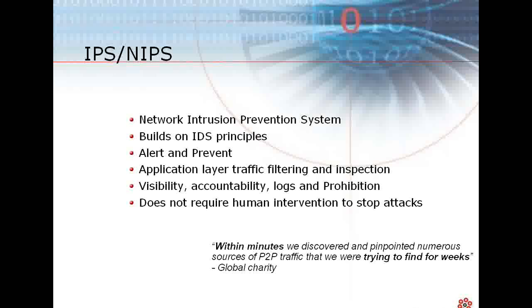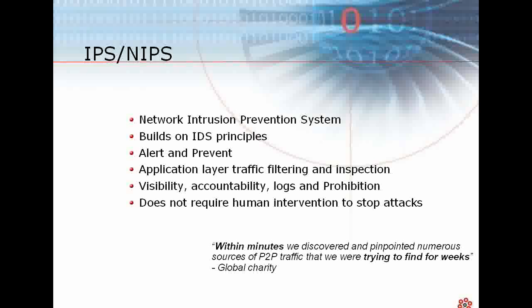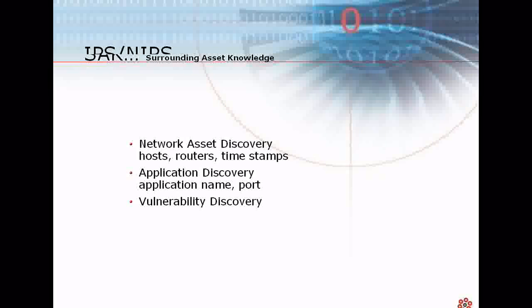Then you have the network intrusion prevention system, which does exactly what network IDS does, plus it also has the ability to block. As a consequence, it prevents malicious traffic entering your network. It blocks because it sits in line with the traffic, so it can stop, search, and drop.